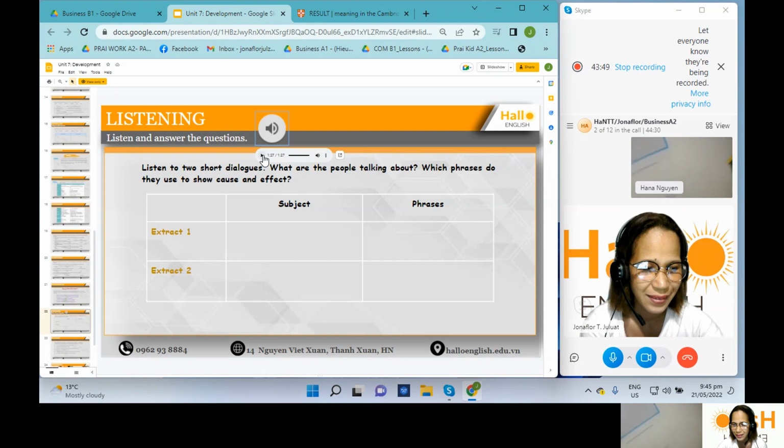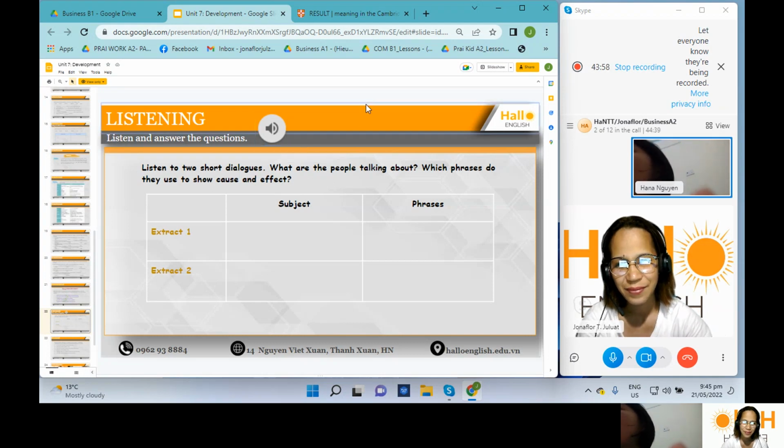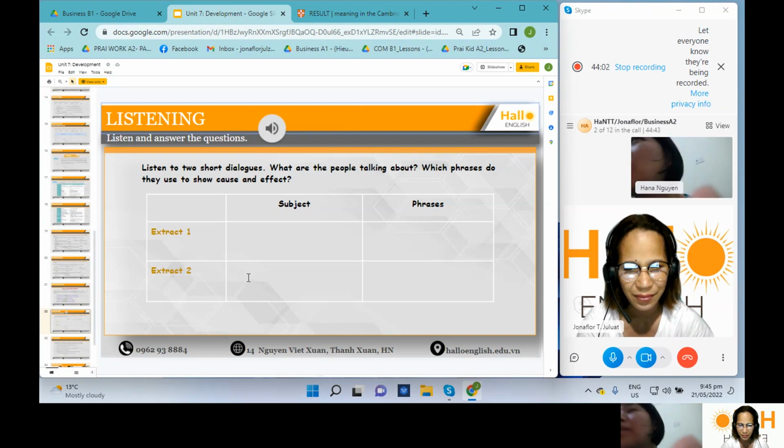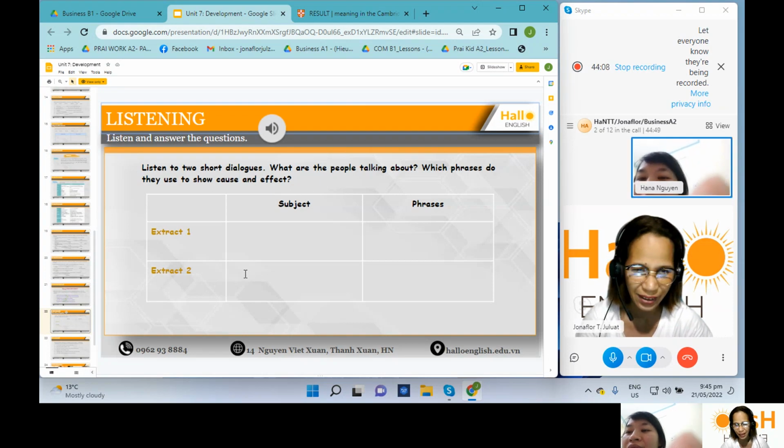So what is the subject of extract two? The problem, because the system closed automatically. Yes. So the subject is no network, right? No internet connection.